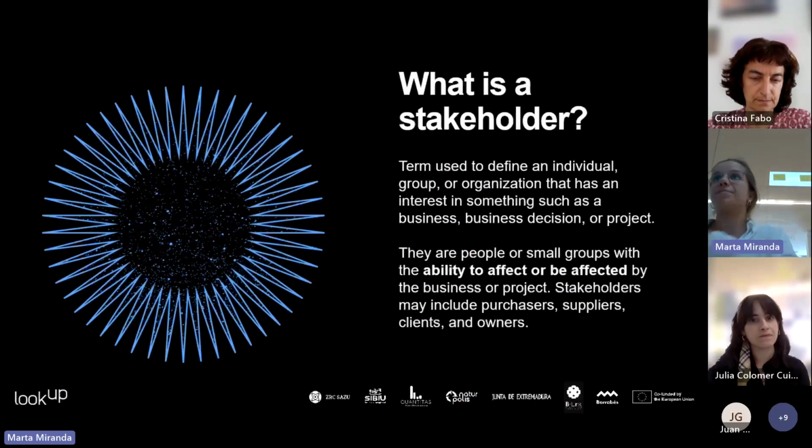So first of all, last week we did an exercise with the value mapping tool where we were already talking about stakeholders, but we didn't stop on this concept. So today we're going to take a little bit of time talking about this.